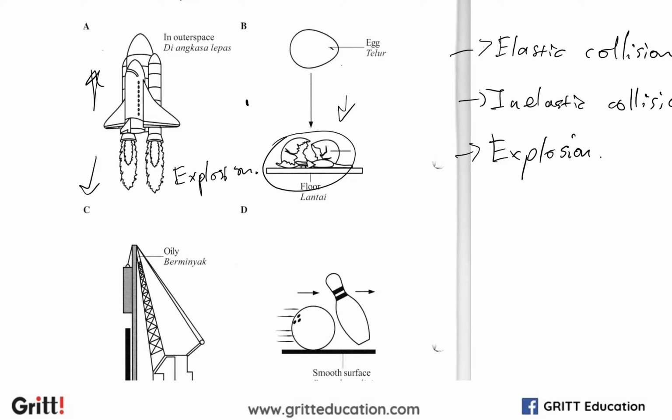If you have a plasticine and it reaches the floor, this is what you call an inelastic collision. The plasticine, even though it changes shape, still maintains its overall volume or mass. But here, the egg actually breaks apart. So in this situation, we will not consider this as an inelastic collision.